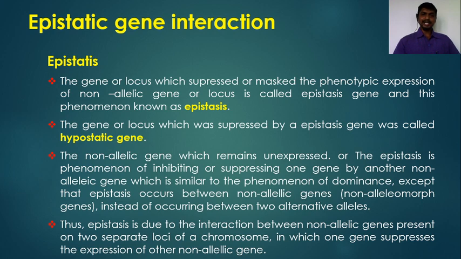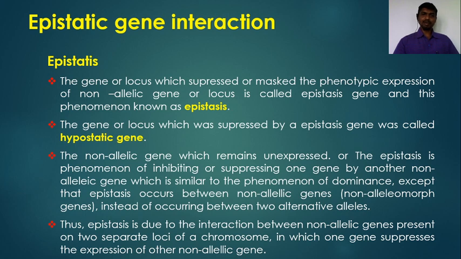Suppose we say A gene suppresses the phenotypic expression of the B gene, I say this A gene is an epistatic gene, while B gene is a hypostatic gene. So epistasis is the phenomenon of suppression or masking of the phenotypic expression of one gene by the non-allelic gene or locus. There are two genes, one is the epistatic gene, another one is the hypostatic gene.